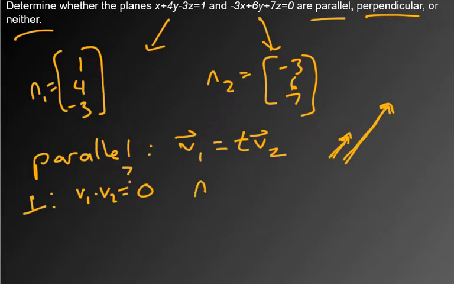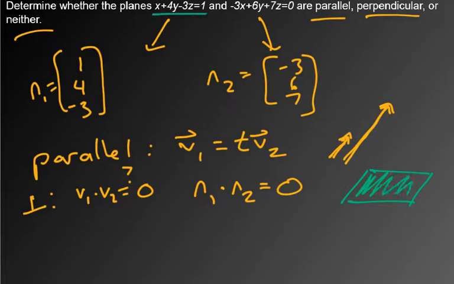And in this problem, if you do N1 dotted with N2, you can see that they would be equal to 0. So that means, I'm going to attempt to draw this. If this is one plane I have here, I'm just going to say that's that plane. I know that the normal vector of this plane is basically acting as a direction vector to the other plane.